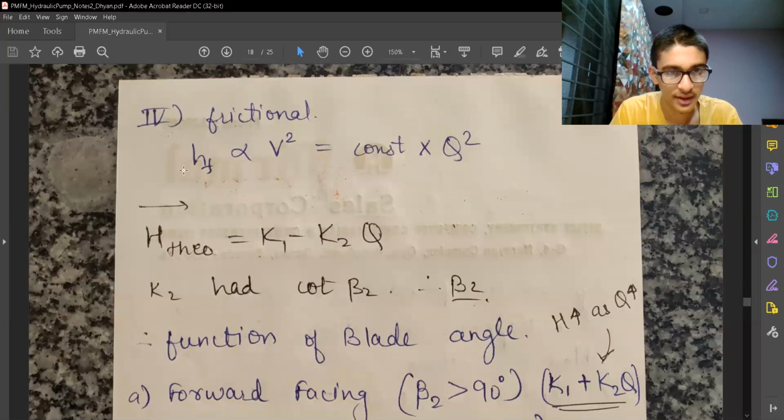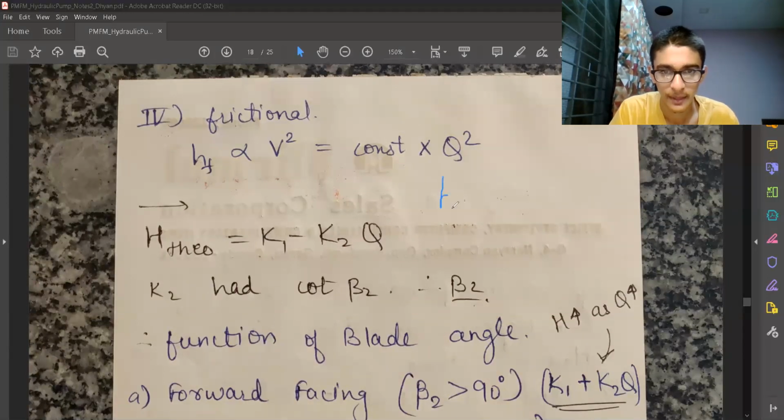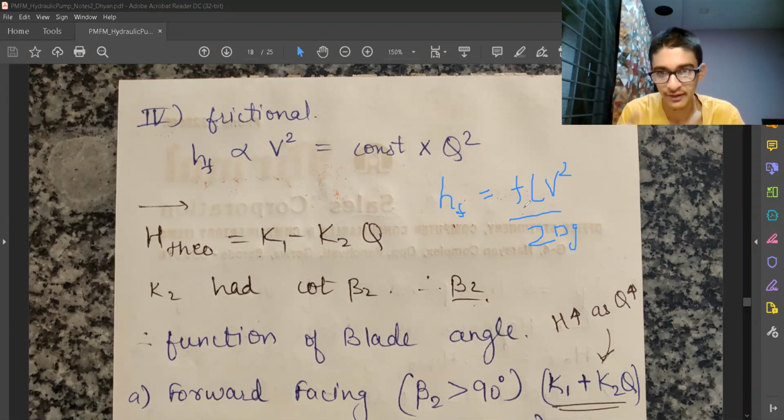And for frictional loss, HF, we have known the expression for HF is equal to FLV square by 2dg. F is the Darcy's friction coefficient, and HF is proportional to the square of velocity. D, g, L, and F are fixed after we make a pump.